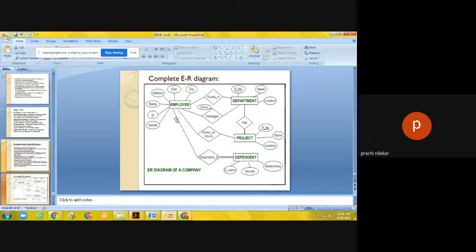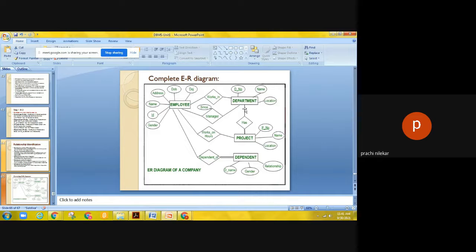After that, draw the attributes and connect them in ovals. Employee has different kinds of attributes: gender, ID, name, address, date of birth, and these are connected with lines to the employee.